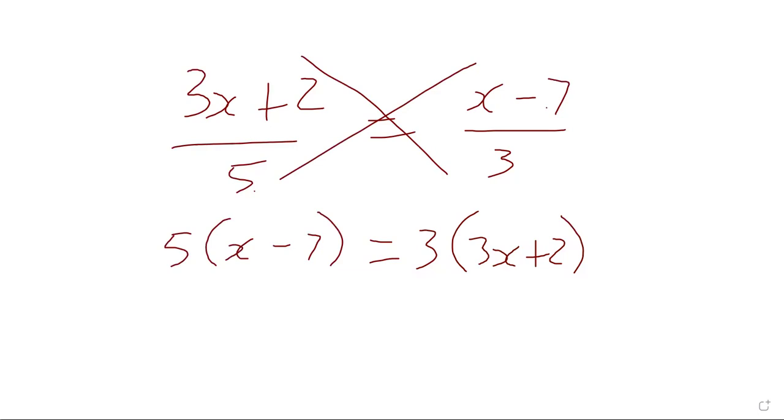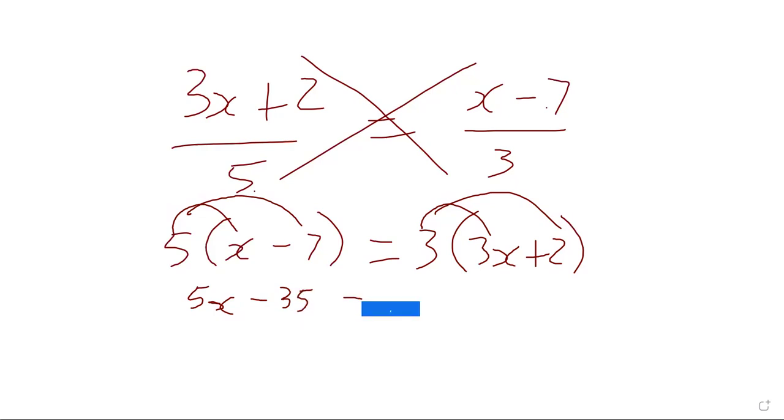Now you've got to apply the distributive property, which means that 5 multiplies x, it multiplies the negative 7. 3 multiplies the 3x, it multiplies the 2. So you always have to apply the distributive property in this case. So 5 times x is 5x minus 5 times 7 is 35 equals 3 times 3x is 9x, 3 times 2 is 6.